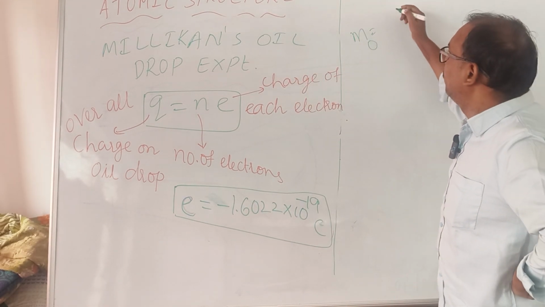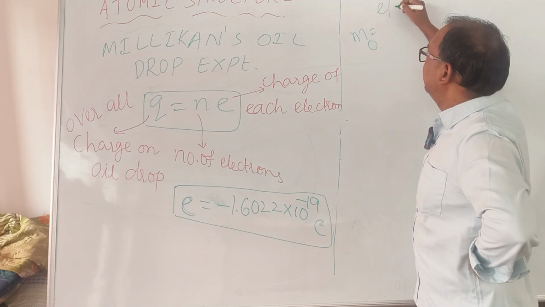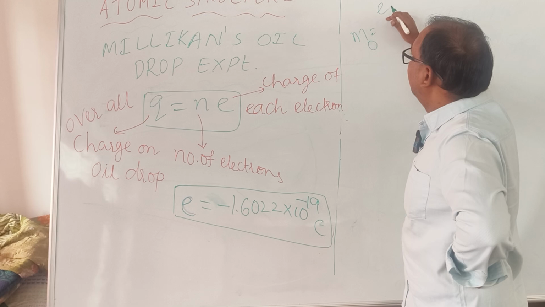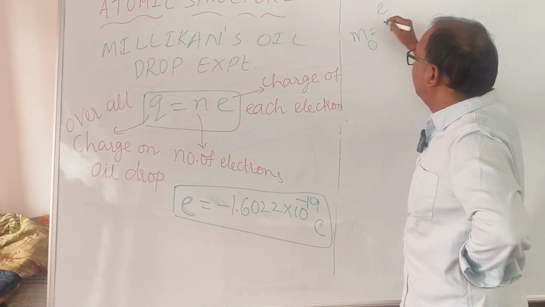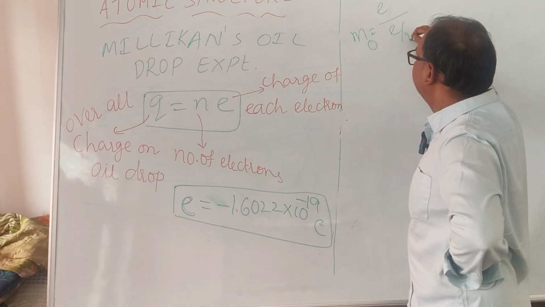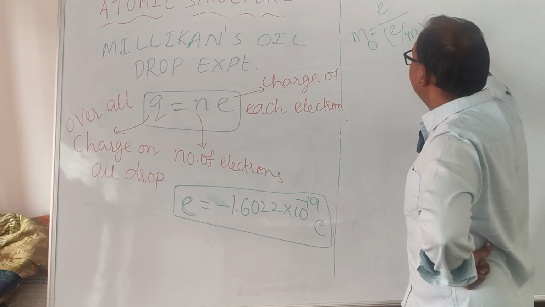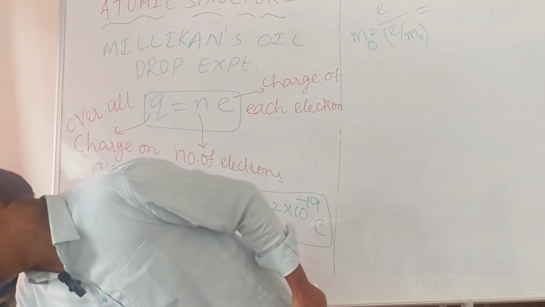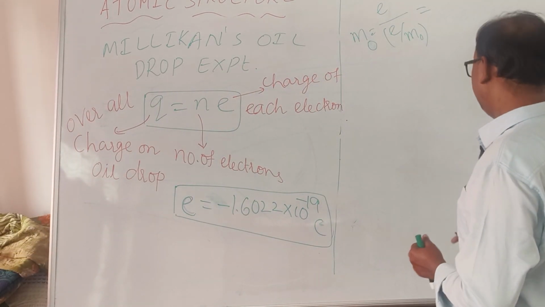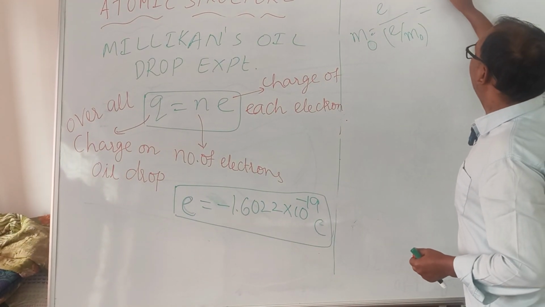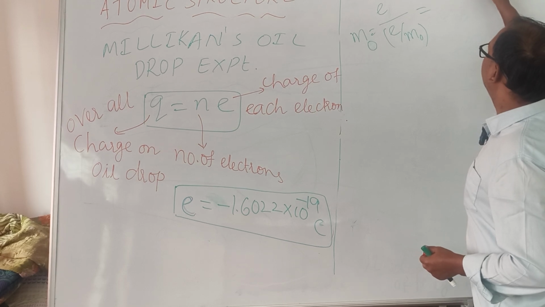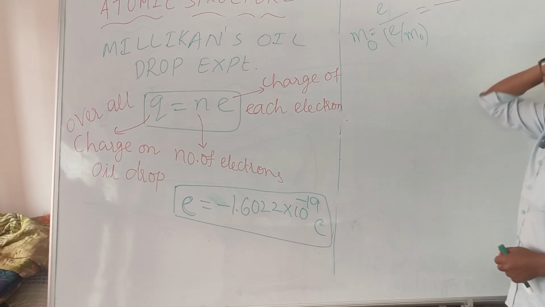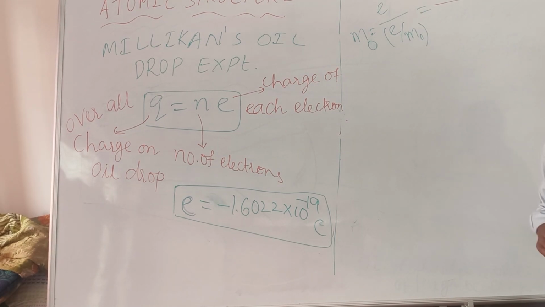m naught is equal to e by e by m naught. e is how much? 1.6022 into 10 power minus 19 coulombs. Is that clear, all of you?